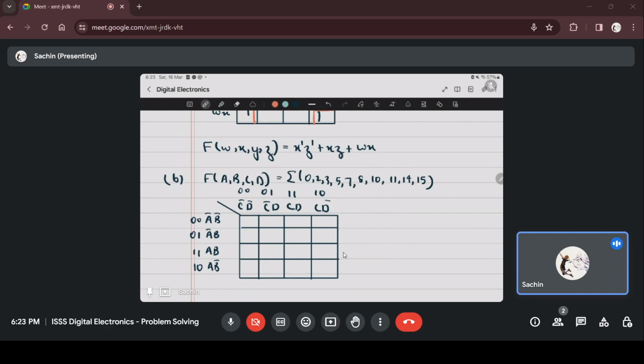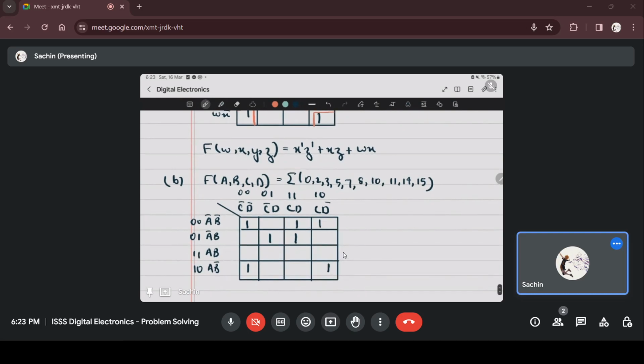The K map for this has a 1 in 0th position, 2nd position, 3rd position. That's 5, 7, 8, 10, 11, 14, and 15.